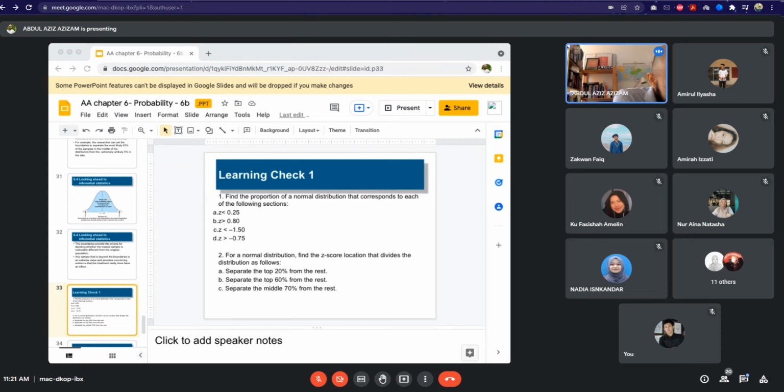Okay, B pula. B, separate the top 60% from the rest. The top 60% from the rest. So ini kawasan body kot. Saya rasa body kan. The top 60%, yes, body ni. So kita nak cari somewhere 0.06.